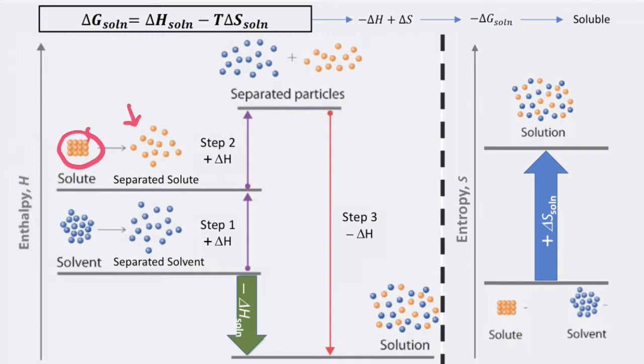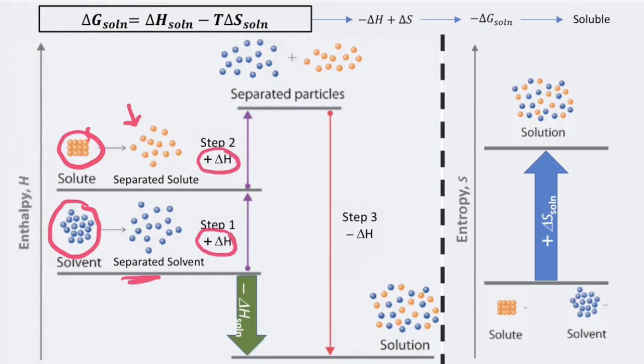The molecules of the solvent, the blue, also have to be separated to make room for the solute. This also takes heat energy. That's the positive delta H that you see in the picture in step 1 for both of them.